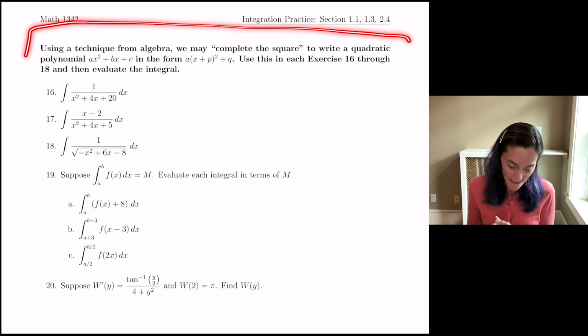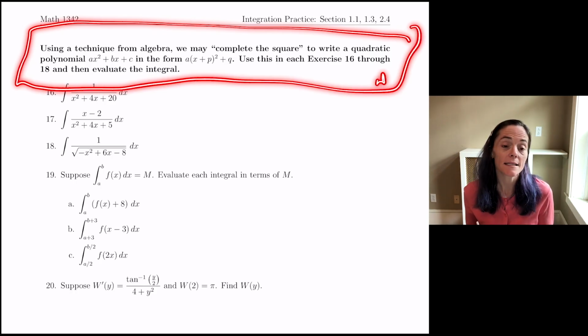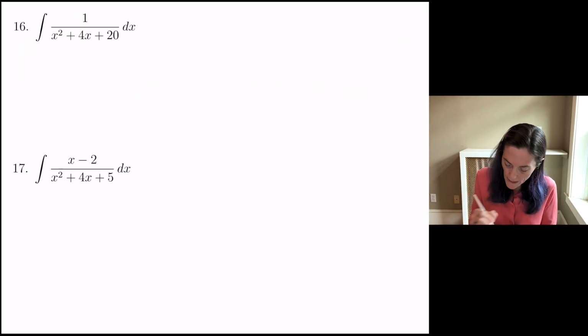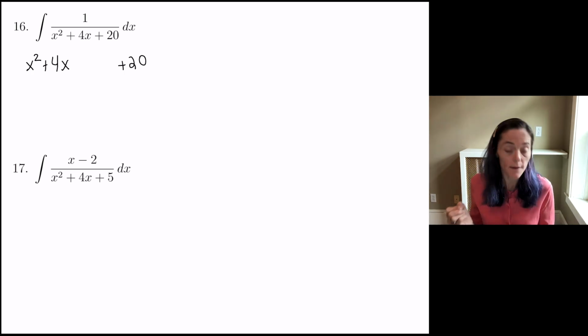I want to point to the directions on 16, 17, and 18. We are instructed to complete the square. Okay, so maybe I will complete the square underneath in black. We have x squared plus 4x, and then we can move the 20 over here.